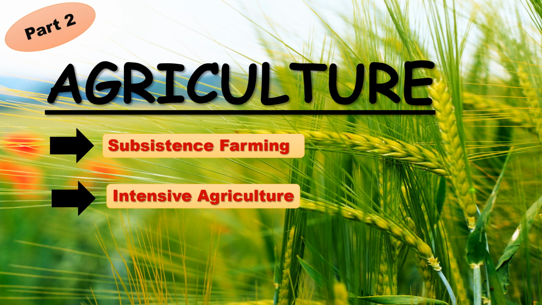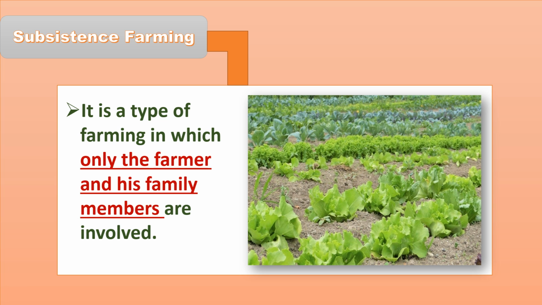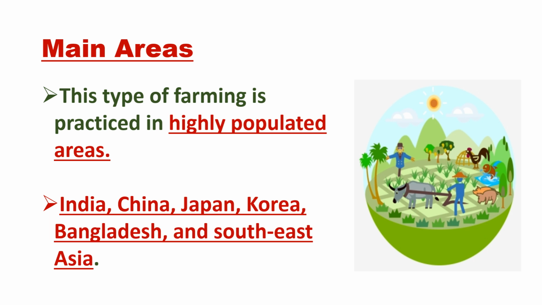In the second video I discussed with you all subsistence farming and intensive farming. Subsistence farming, we discussed, is a kind of farming in which only the farmer and the family members are involved. Means it is not profit based, it is need based. Then we discussed that this type of farming is practiced in highly populated areas, and these highly populated regions are like India, China, Japan, Korea, Bangladesh, and Southeast Asia.